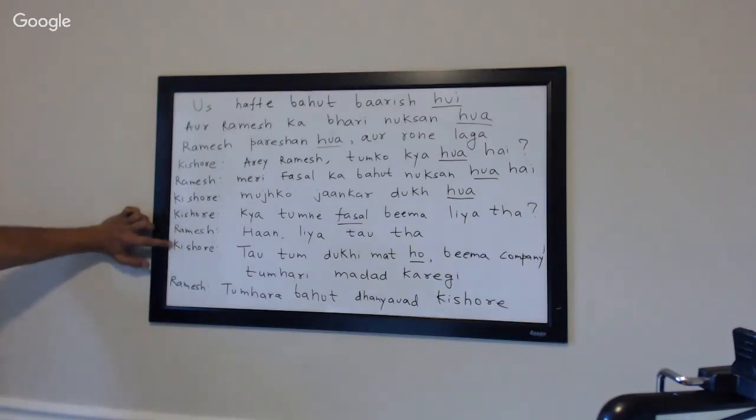So that means yes, I took out the crop insurance earlier. Then Kishore says: तो तुम दुखी मत हो, बीमा कंपनी तुम्हारी मदद करेगी. I'm assuming that means do not be sad, the insurance company will help you.